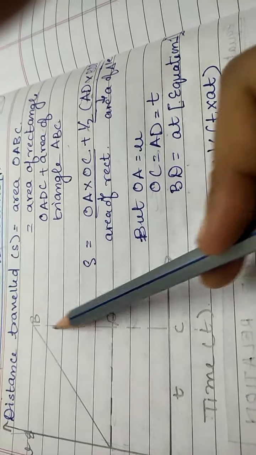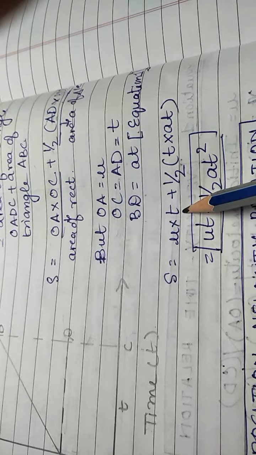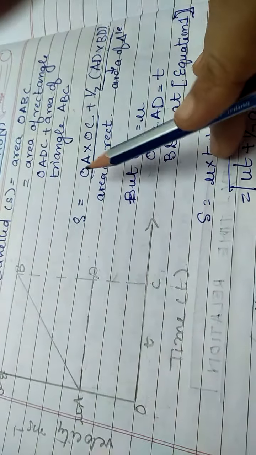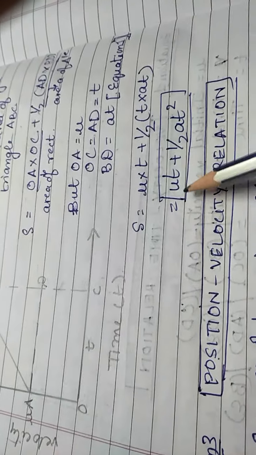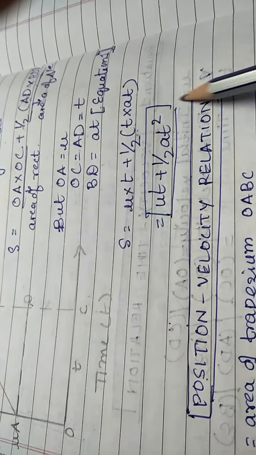And we have proven that BD is equal to at. If you replace all these things here, it will be u multiplied by t plus half t into at. So you get s is equal to ut plus half at square. That is the next equation.